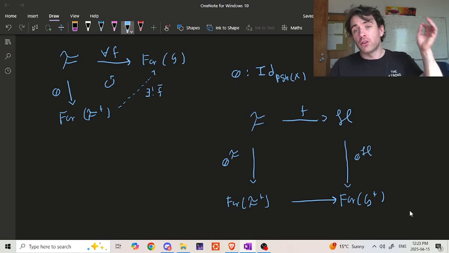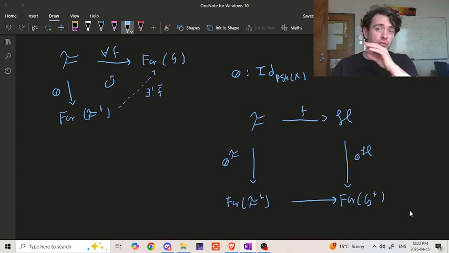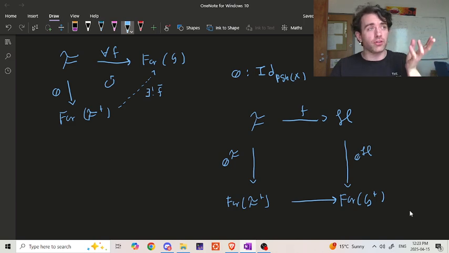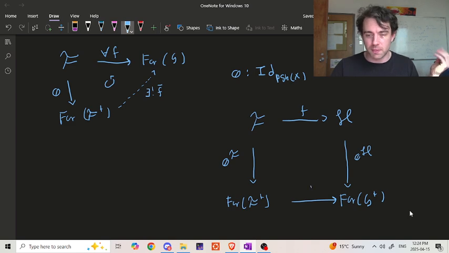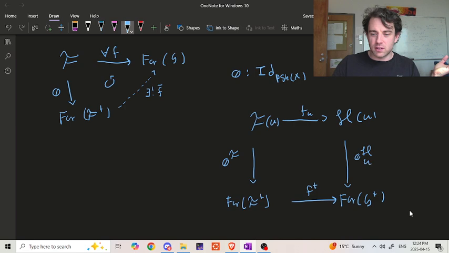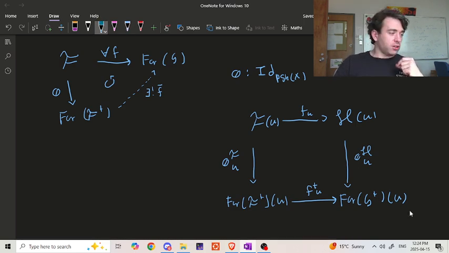But remember, the forgetful functor on morphisms, just because a morphism of sheaves is already a morphism of pre-sheaves, it's the identity, right? So this will be f plus. And I need to convince you this diagram commutes, which again means proving that for every open set, I just add the open sets in the appropriate spaces, that this diagram commutes, right? So let's go ahead and prove that.